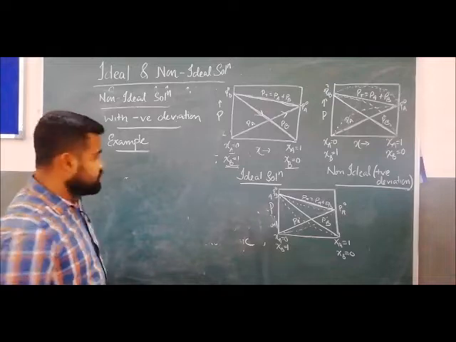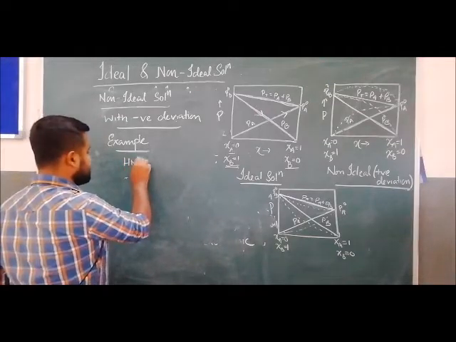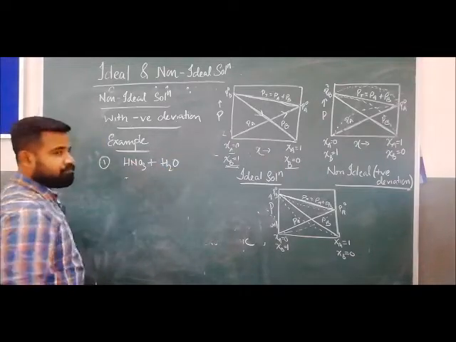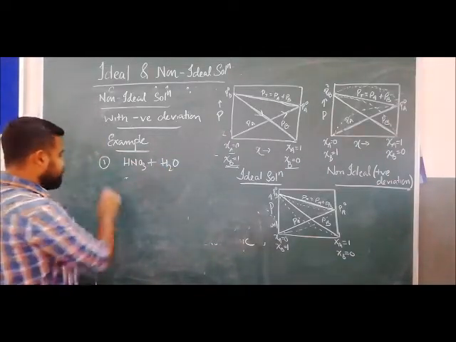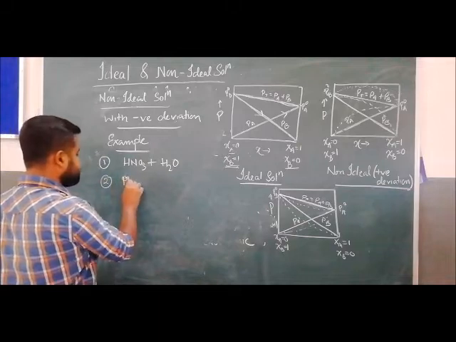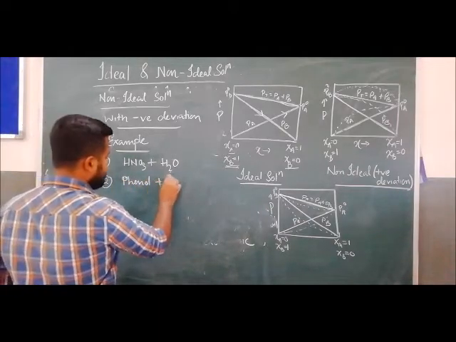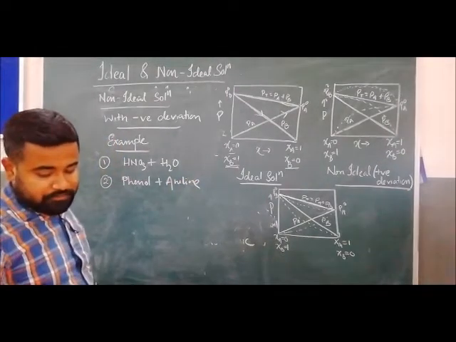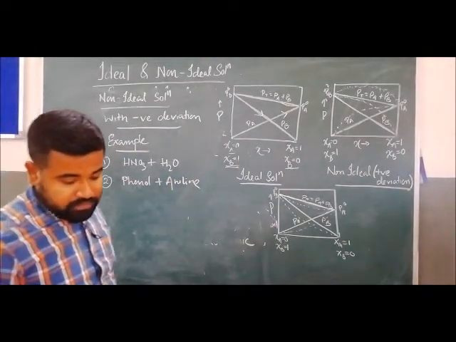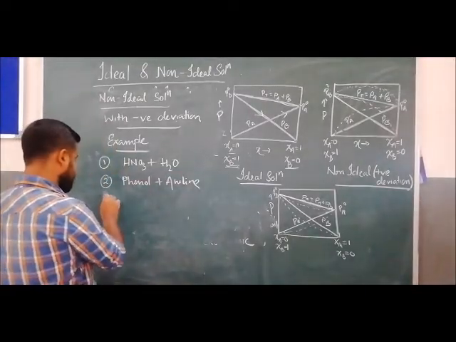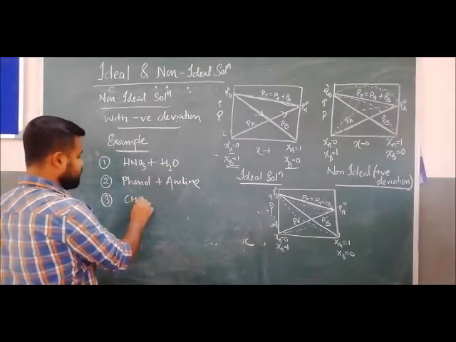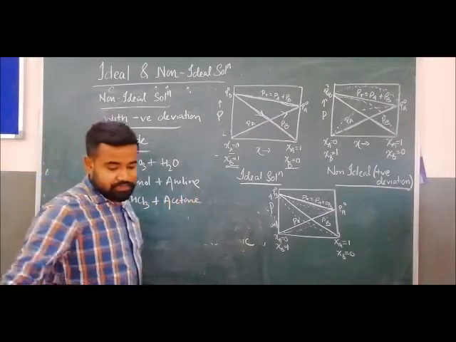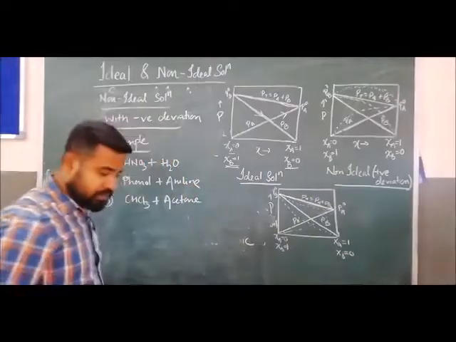The first example is HNO3, nitric acid with water. Second example is phenol with aniline. And third is chloroform, CHCl3, with acetone, sorry, not acetone, it is benzene.